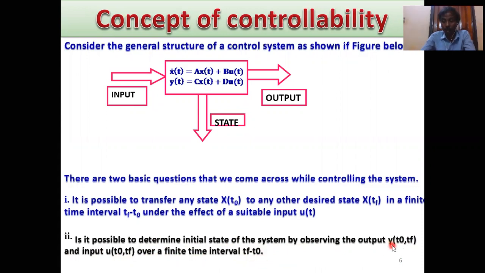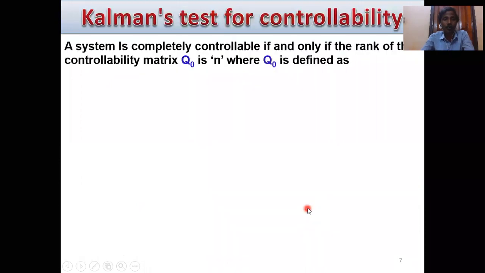That means from initial time t0 to final time tf, this is the output y, and similarly the input u over the finite time interval tf minus t0. This is condition 2.